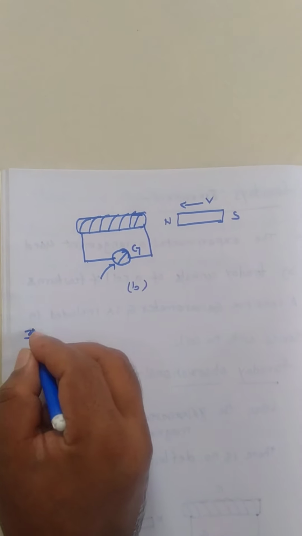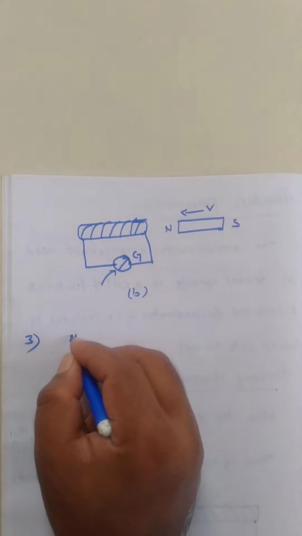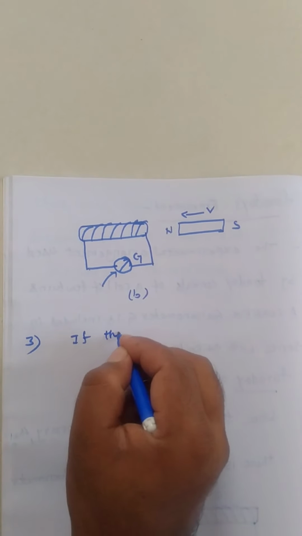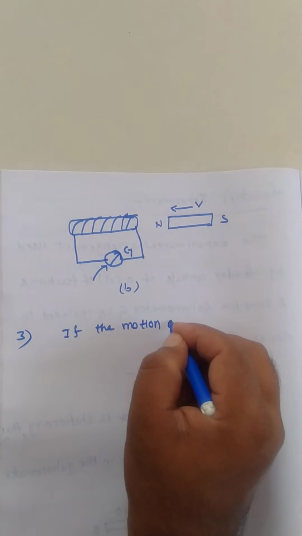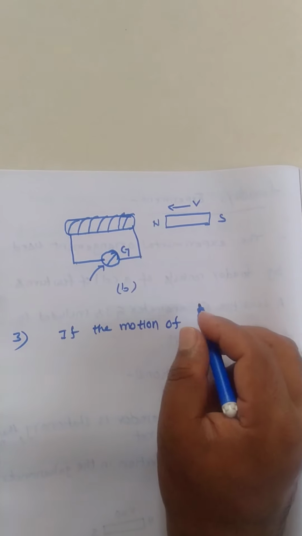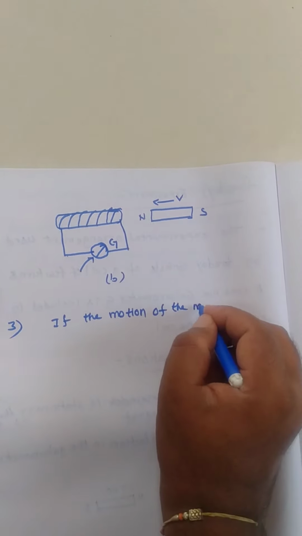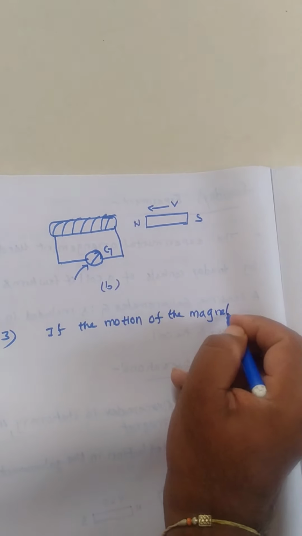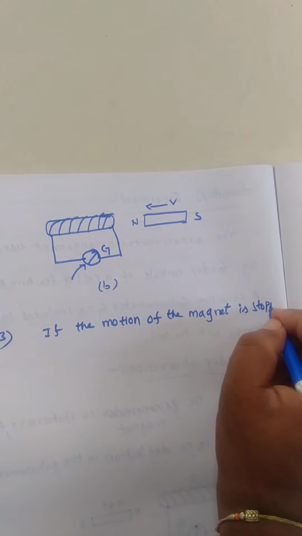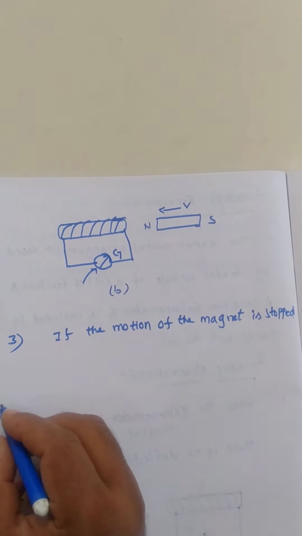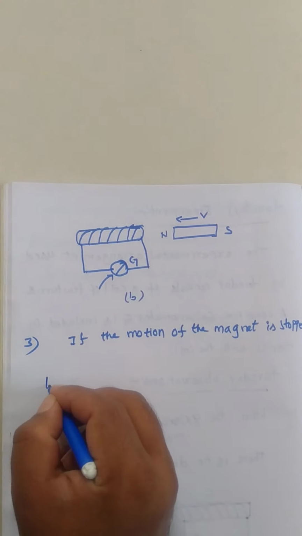And the third point: if the motion of the magnet is stopped, then again there is no deflection in the galvanometer.